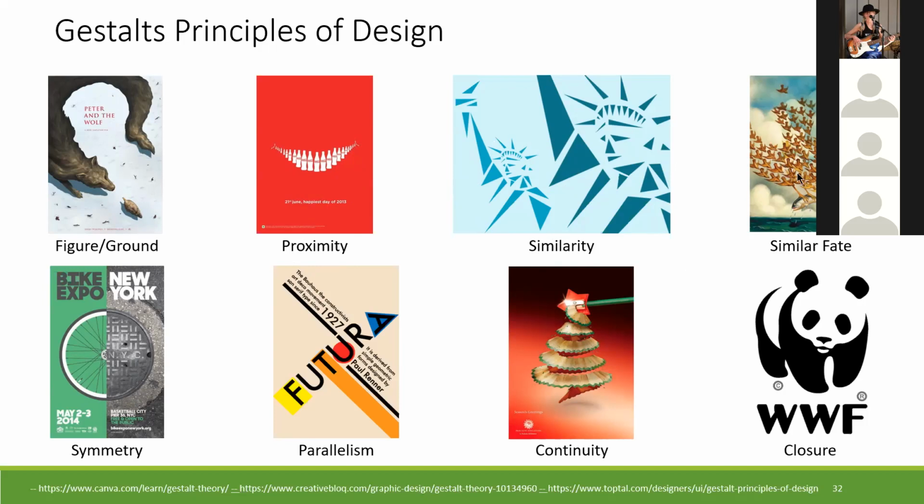All the little birds are going in the same direction, redirecting your eye from the bottom left down to the right, so you're following it. You use symmetry to create your drawings. You can use parallelism to guide people's eyes and balance out your drawings. You can use continuity to create an object, or you can use closure.